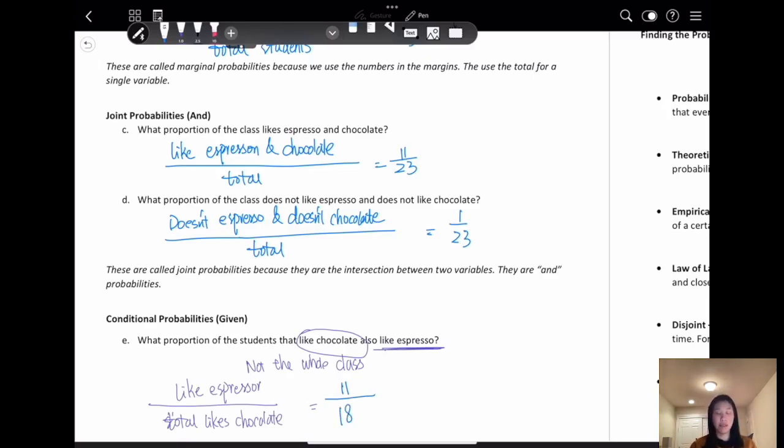So it should be 11 over 18. That's conditional probability, which is "given." In a word, we can say the probability equals the students who like espresso, given that they like chocolate.